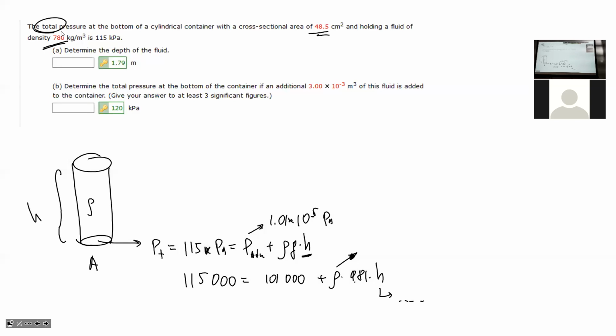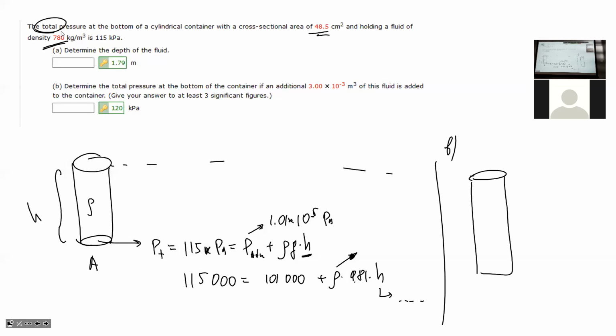I got the height, but I don't know how to do part B. So total pressure, if we have an additional amount. We had the same amount and now we are adding an additional amount. So you need total pressure again.